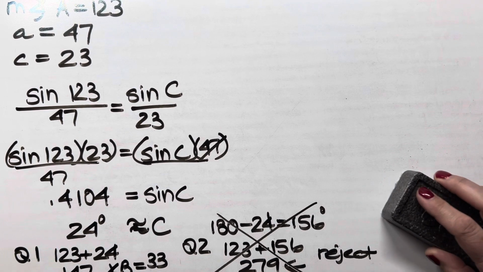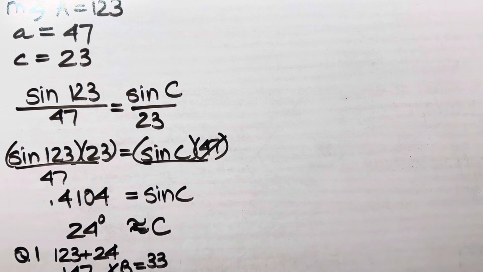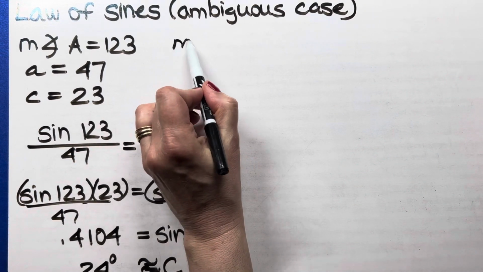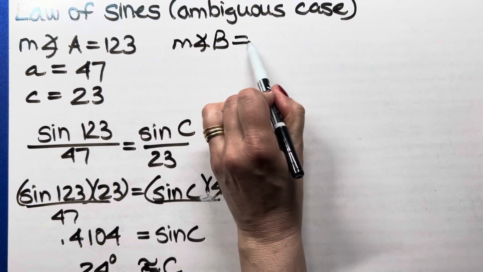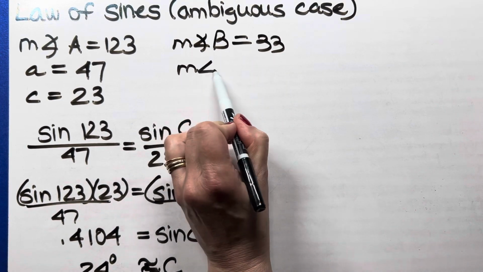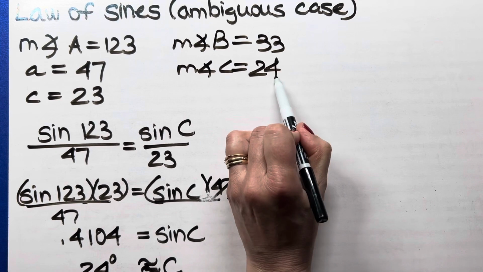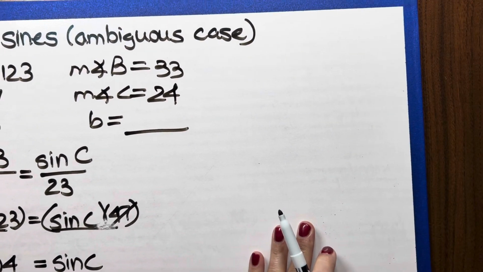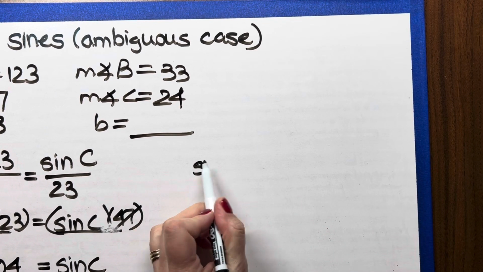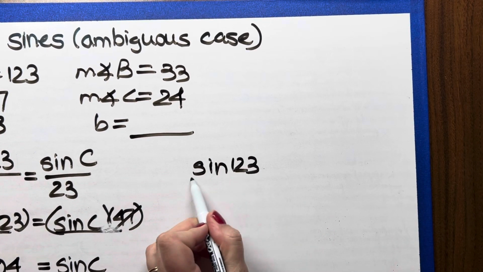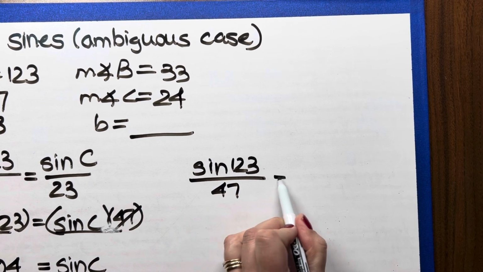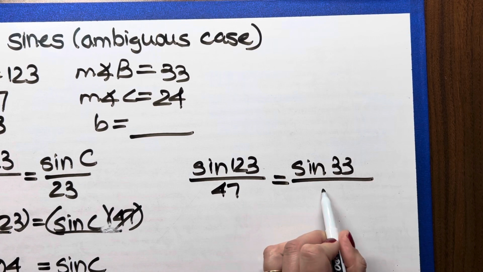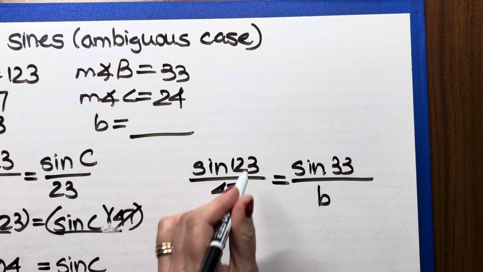So let's complete that problem. All that we are lacking at this point, we have angle A. Remember, we now have angle B is 33. The measure of angle C we found was 24. All we're lacking is side b. So let's go ahead and complete this by setting up our problem. The sine of 123 over 47 is equal to the sine now of 33, which is angle B, over b.